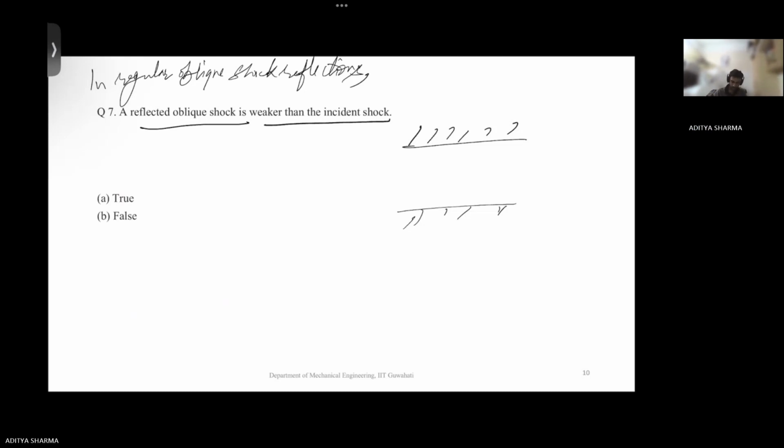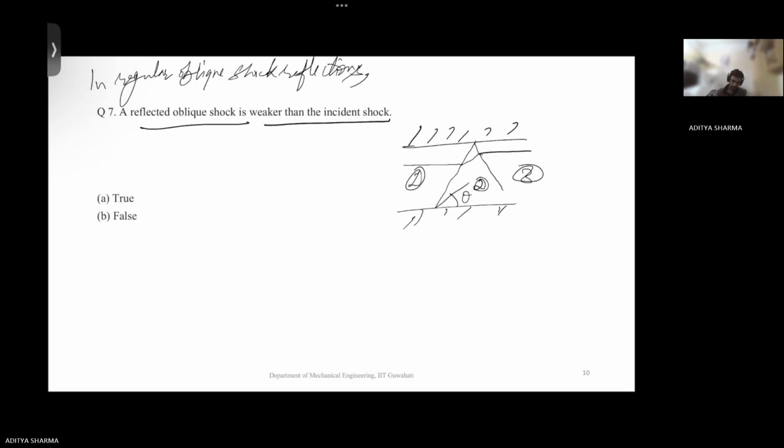So this was your deflection of theta, and this gave your flow this deflection, and then here it started moving again in the same direction in which it was there in region 1.